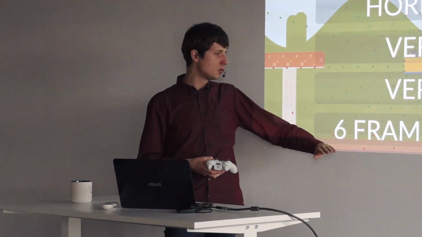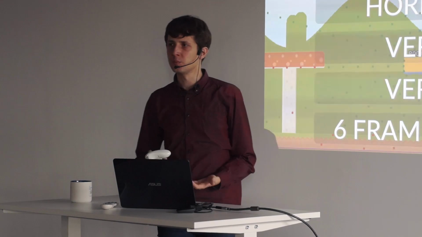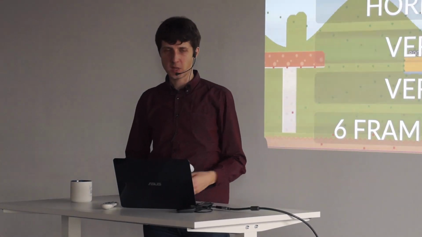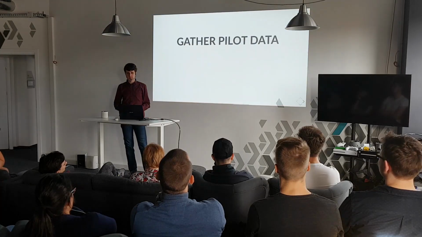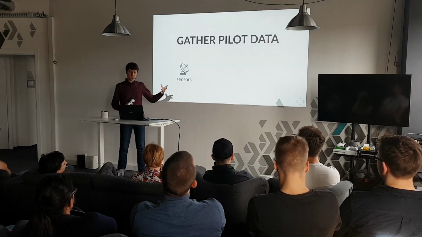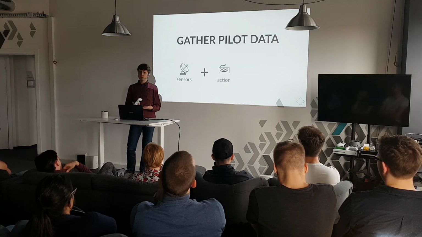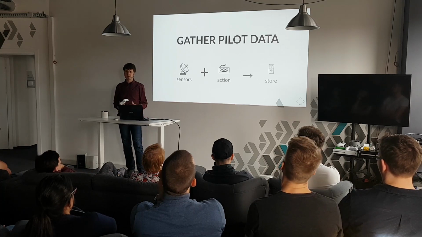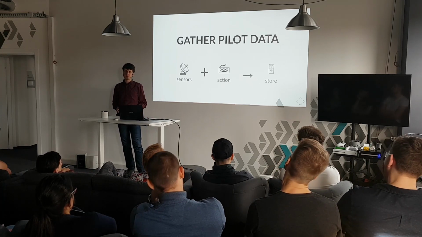And to make this happen, I'm giving the algorithm 6 frames of data, each 1 second apart. So basically, the spaceship knows what was happening with it 6 seconds ago, and 5 seconds ago, 4 seconds ago, 3 seconds ago, you get the drift. So we are gathering the pilot data by reading the sensors, recording the action that the human took, and storing this for use in training.